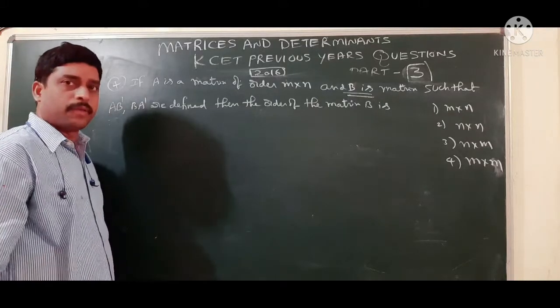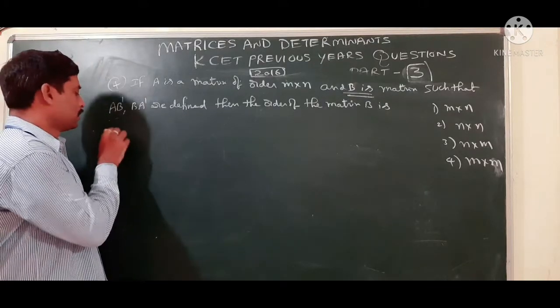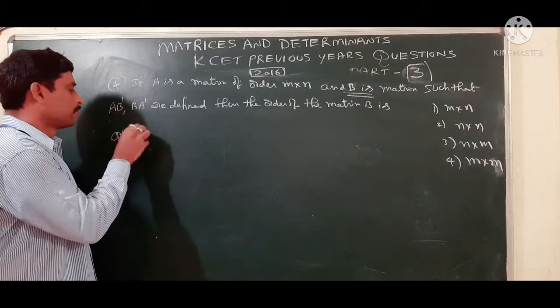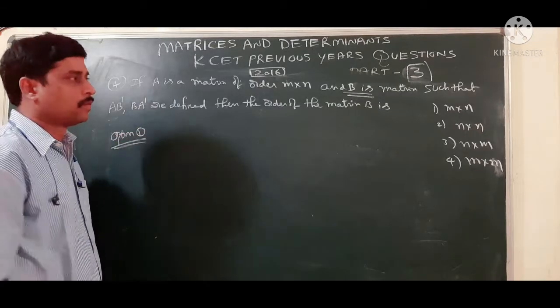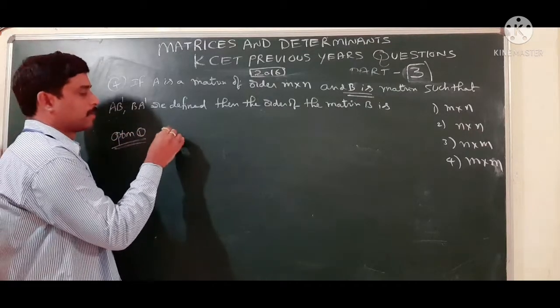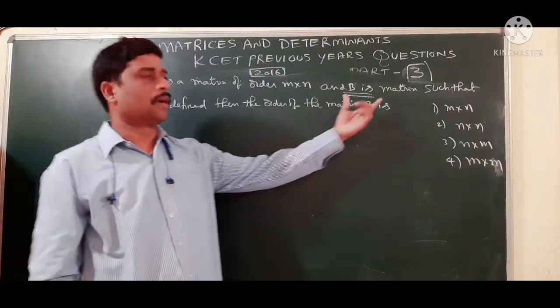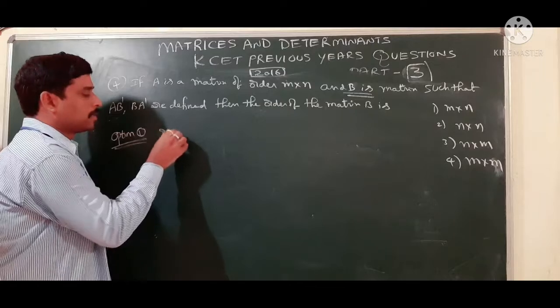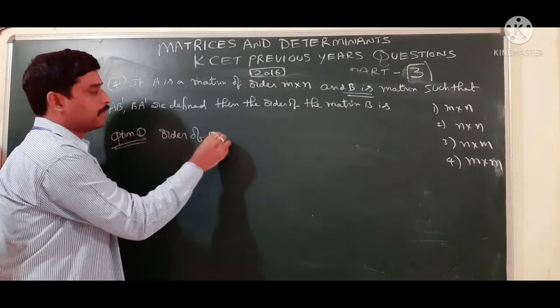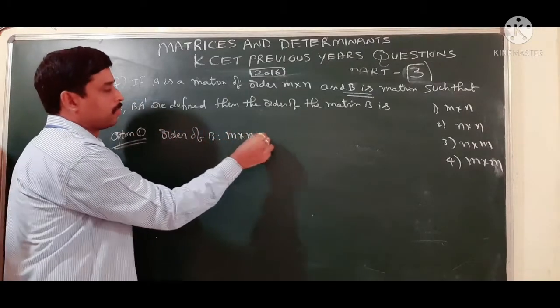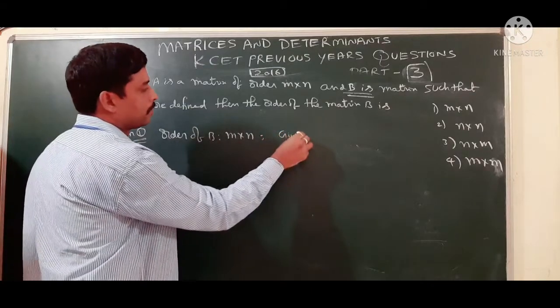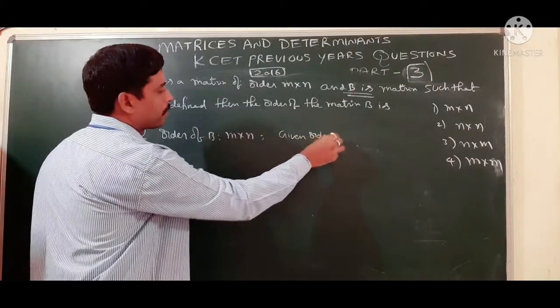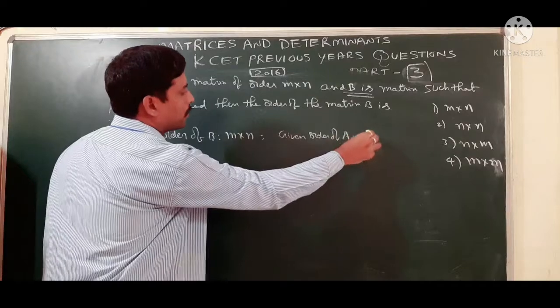This kind of problem we solve by using the verification method. Let us take option 1. What is option 1? m by n. First, what is required? The order of B is required. So, for option 1, let us take the order of B equal to m by n. What is given? The order of A is equal to m by n.